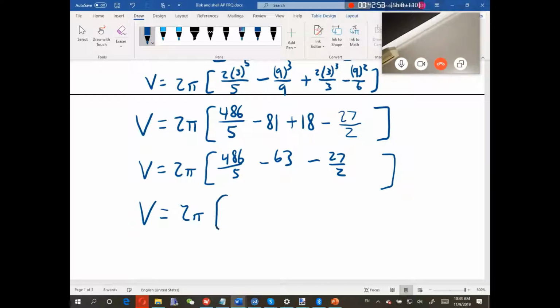So my volume is 2 pi times. Okay, I'll have to multiply by 2 for this one. So what's 486 by 2? 972 over 10 minus 630 over 10 minus what?